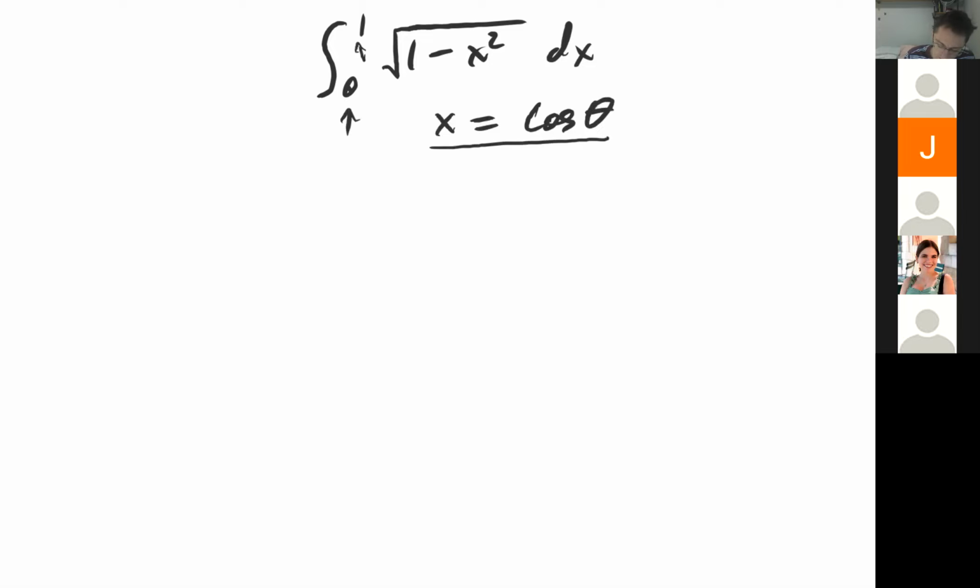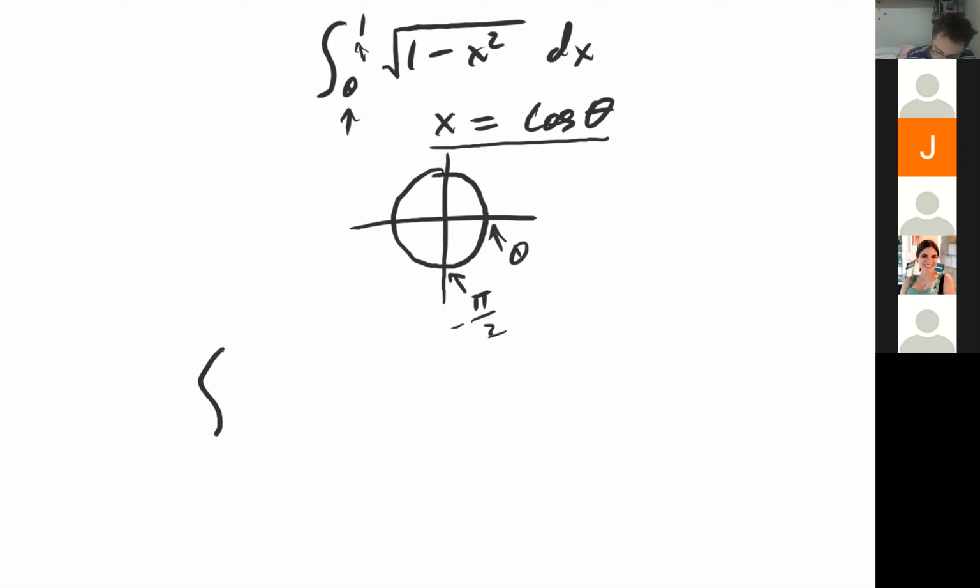Cosine of theta goes from 0 to 1 when theta goes from minus pi over 2 to 0. So then we integrate from minus pi over 2 to 0. And now we just have to replace x with cosine theta in our equation, and we get 1 minus cosine squared theta.